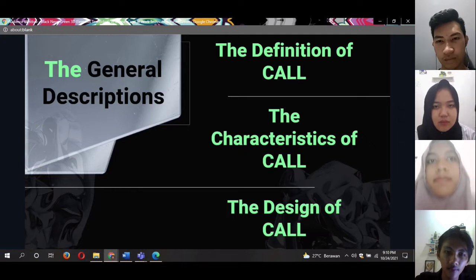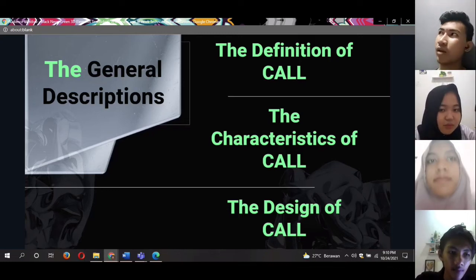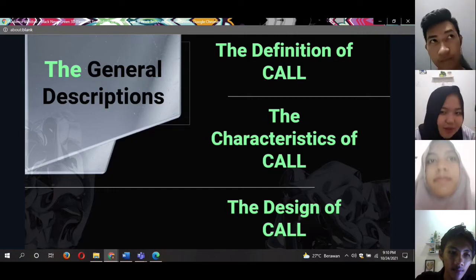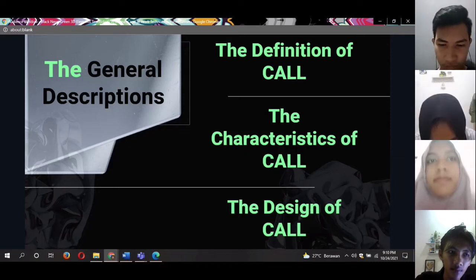CALL is mostly concerned with autonomous learning, where learners may have the chance to study independently from the teacher and organize their personal learning. Regarding the design of CALL materials and lists, it is a program that helps learners practice and have remedial work for certain parts they need.